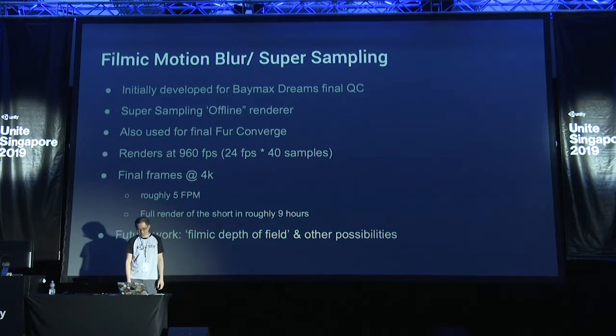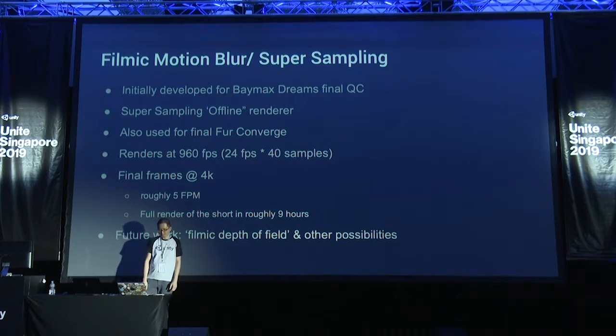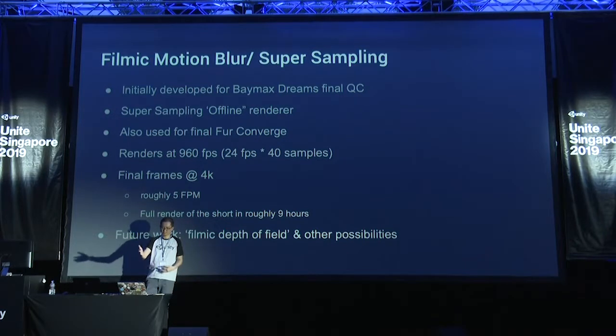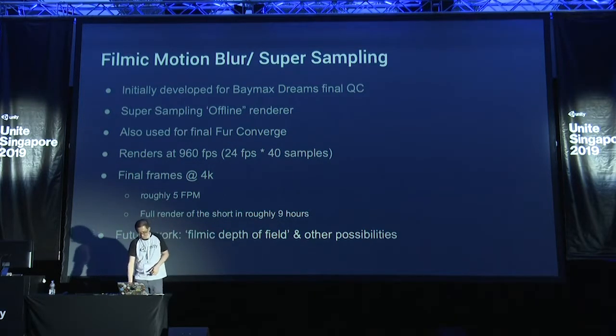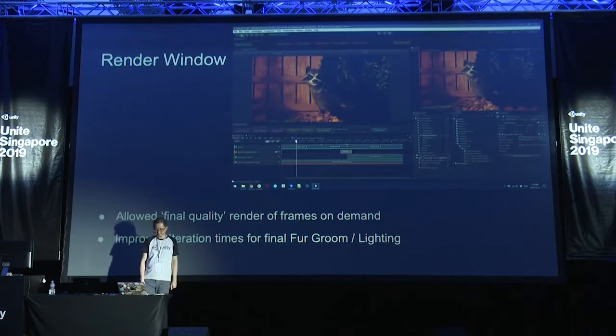So for filmic motion blur, we rendered at 960 frames per second to get the blur at 24 frames per second. While rendering the final frame at 4K, it was going roughly 5 frames per minute. So yeah, we're trading performance for quality. And like I mentioned, there's a render window that allows you to see the final look.